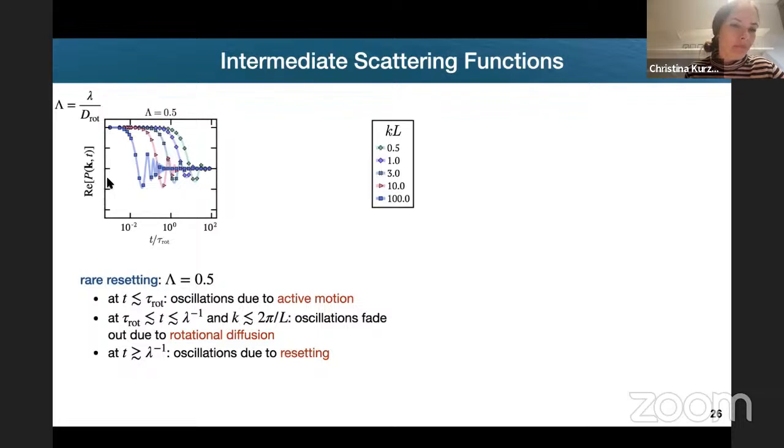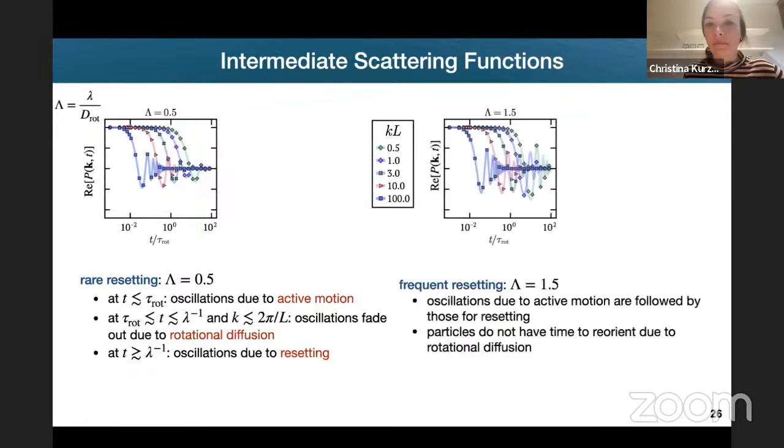In the ISF, at times smaller than this rotational diffusion time, we see oscillations due to active motion. These oscillations become smaller as we decrease the wave number, and then they start to appear again. When they become larger again, that's exactly the point where resetting becomes important. So there's an interesting interplay between resetting and rotational diffusion that takes place.